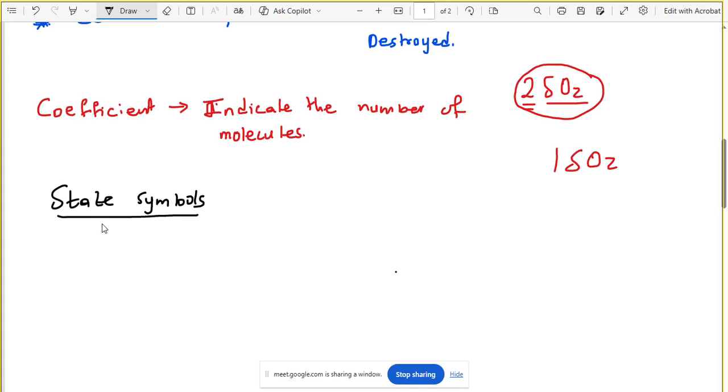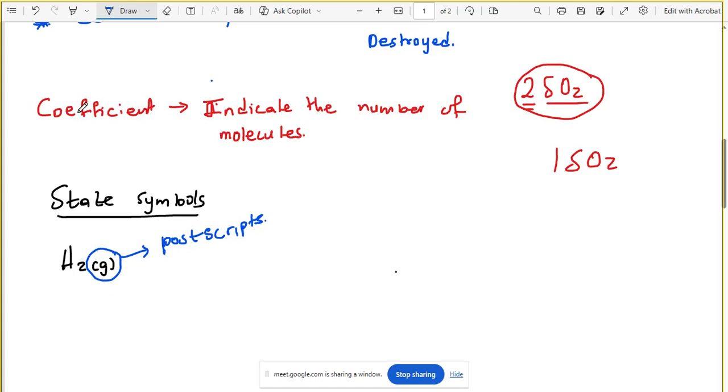We're going to write them as subscripts in brackets. For example, I can say I have hydrogen in gas state. Now you see this small letter here, it's the state. We write it as a subscript, and it should be inside the brackets.